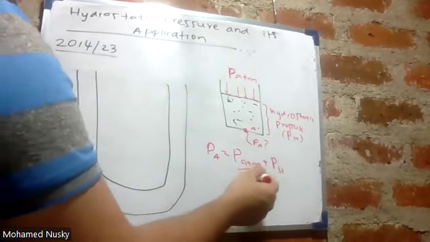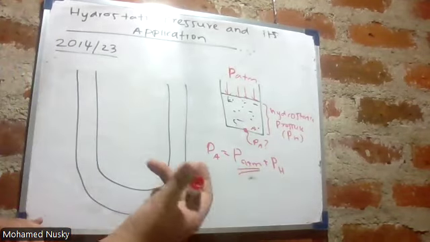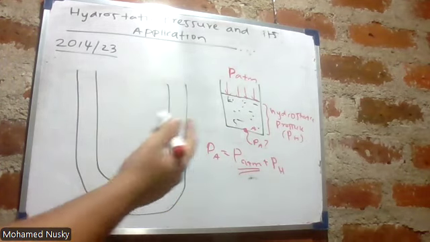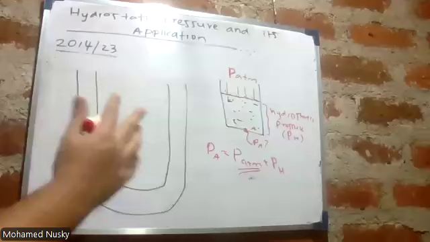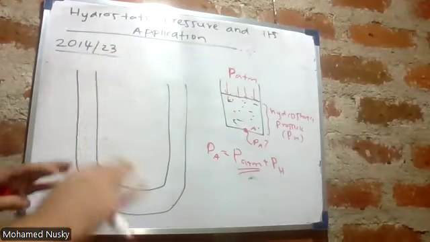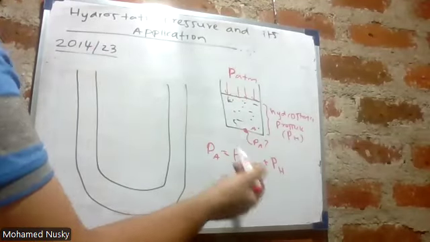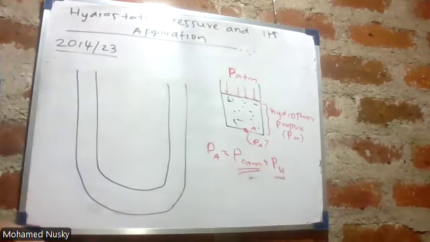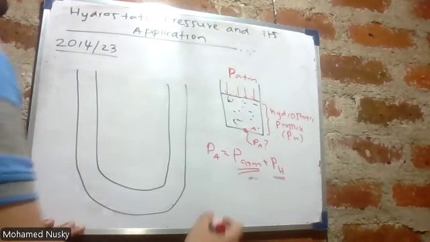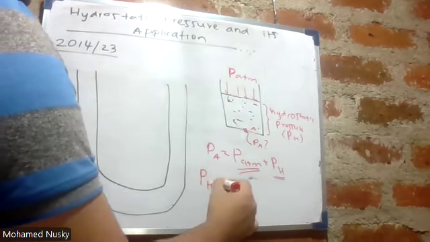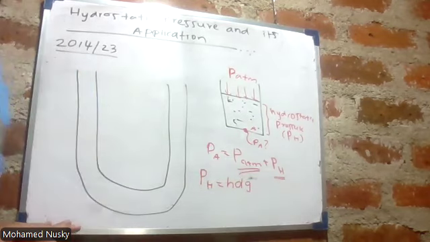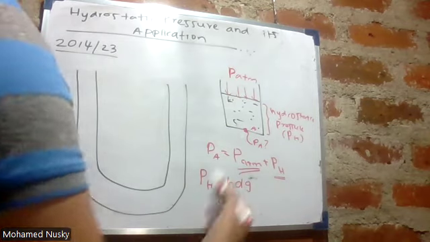The value of atmospheric pressure, they will give in the question. How are you going to find the pressure due to water, or hydrostatic pressure? You know the equation. Hydrostatic pressure is equal to h d g.